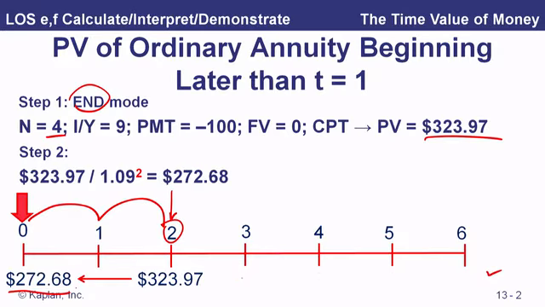And the interpretation of this would be, well, if there's an account that pays 9% compounded annually, so we put $323.97 in the account today, we could take out these 4 payments of 100, 100, 100, and 100. So we'd say that's how much it would cost us to fund this particular 4-payment annuity.